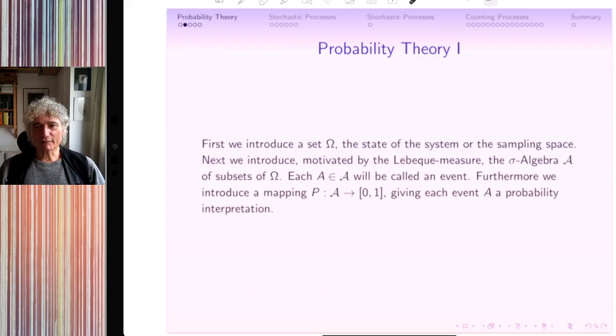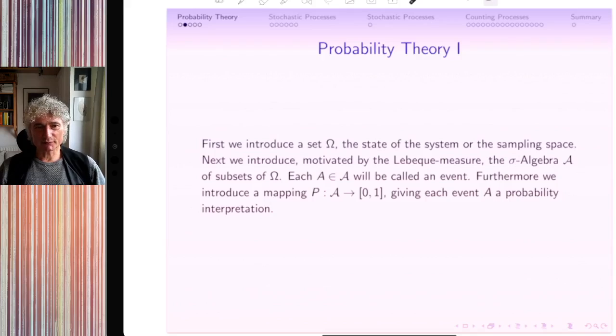And all of these sets on which you can define Lebesgue measures are called the sigma algebra A. So it's a family of subsets of omega, and this we call the sigma algebra curly A. Now the interesting thing for us is that each element of this family of subsets of omega will be called an event.